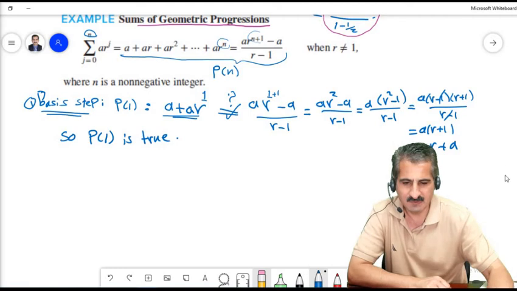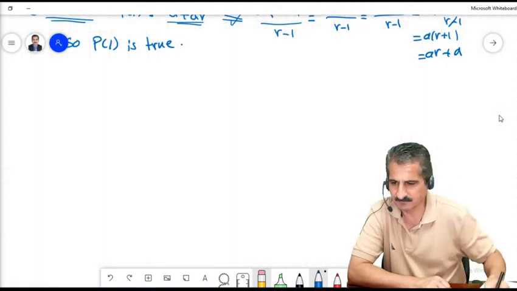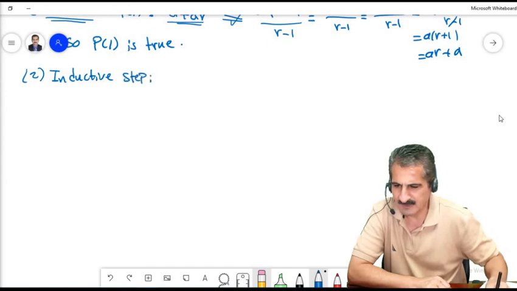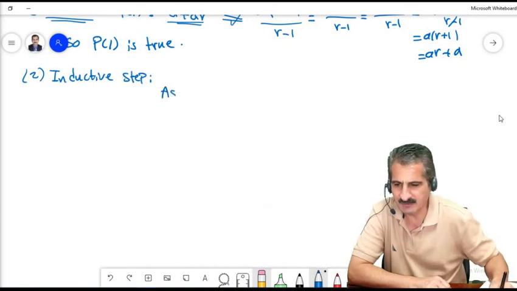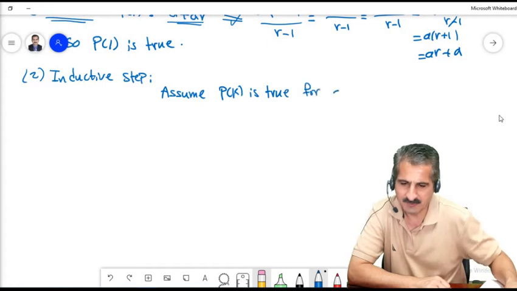Now let's go to the inductive step, which says at the beginning, assume P of k is true for an arbitrary integer k.